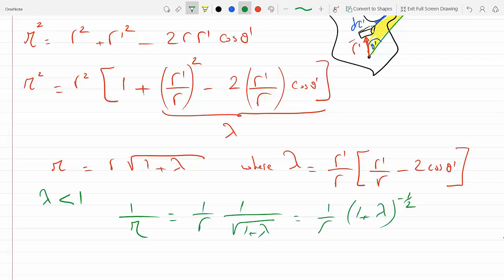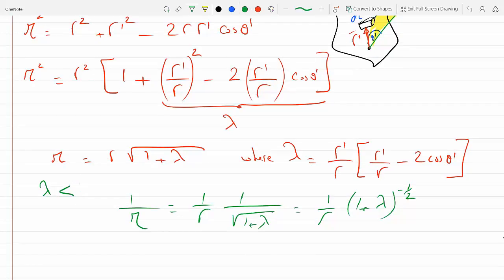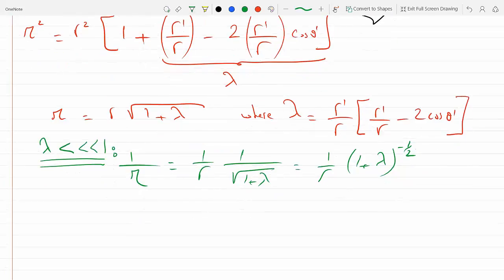And now, since my lambda is a lot less than 1, I could do a binomial expansion on my 1 over the separation vector. So what would that be?